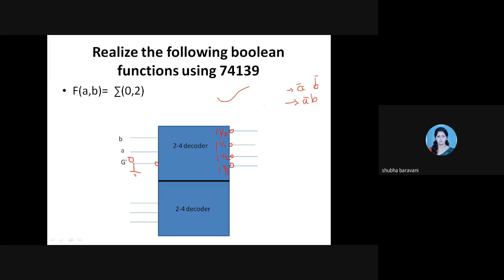My min terms are 0 and 2, and this is A bar B bar plus A B bar. It's a plus, so I should be having an OR gate with this. So I get the function f of AB.